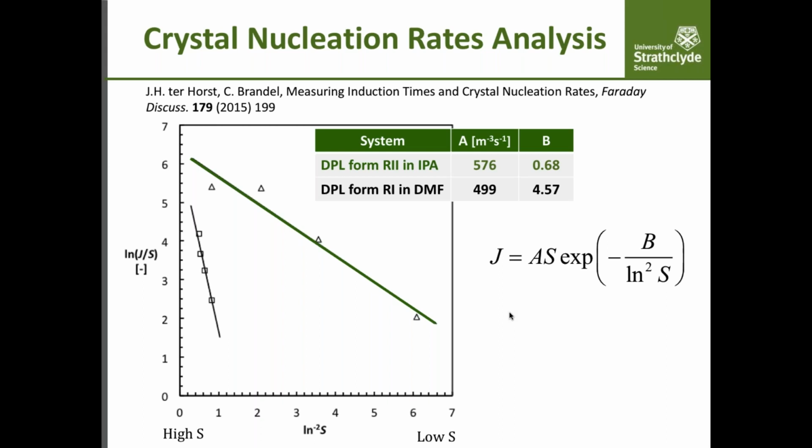So if we analyze the nucleation rates, we find that the A value, the pre-exponential factor, is not really different for both systems, but the B value determining the energy barrier is. So it shows that dipropylene in DMF is much more difficult to nucleate, so it has a higher energy barrier than dipropylene in IPA.